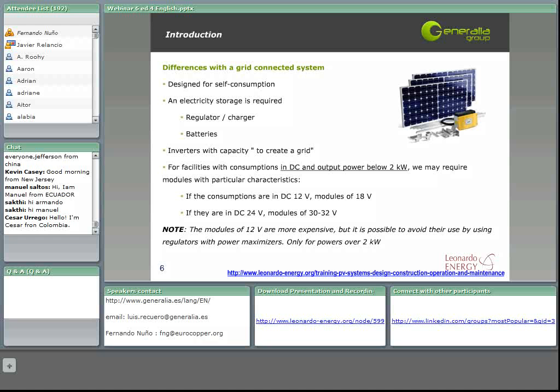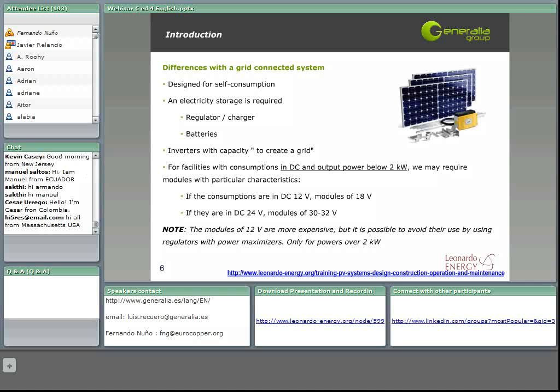So this means even when there is no sunlight, we have to produce energy. In order to do this, we need to introduce two new types of devices, which are the regulator or charger, depending on the type of installation, and the batteries. We will talk about it later.